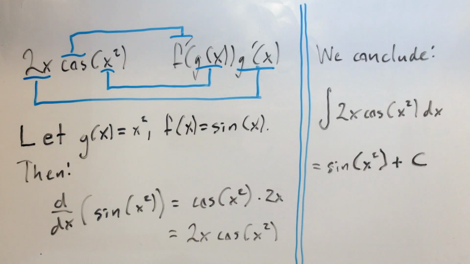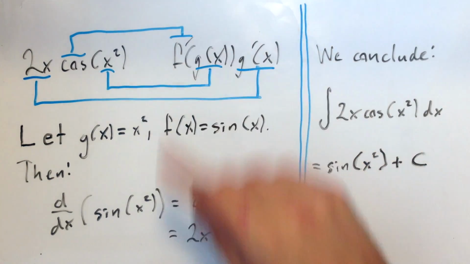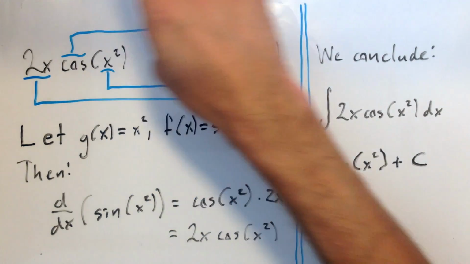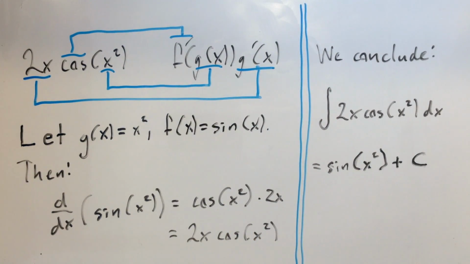Now we're pretty much forced to have this inside function g of x equal to x squared. But that's nice because g prime of x matches up with 2x, which is the derivative of x squared. All we're left with then is what does cosine match up with? On the right, we need to match it up with f prime. Well, cosine can match up with f prime.